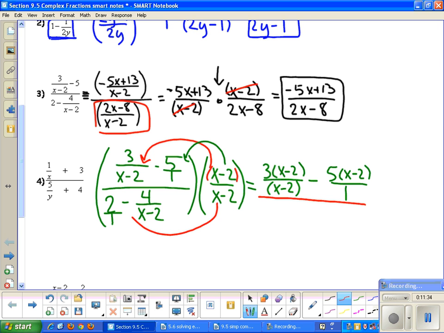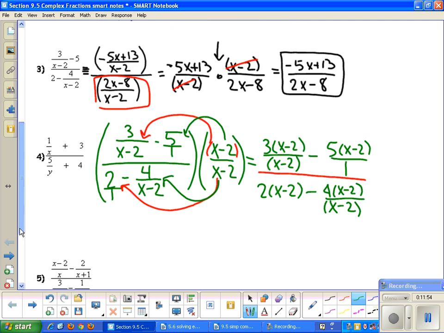So now I have this x minus 2 times this one right here, which gives me 2 times x minus 2 minus, and then I have this factor multiplied by x minus 2, so 4 times x minus 2 over x minus 2.